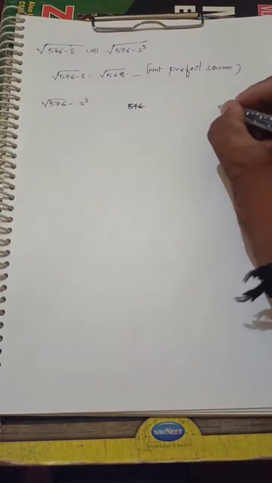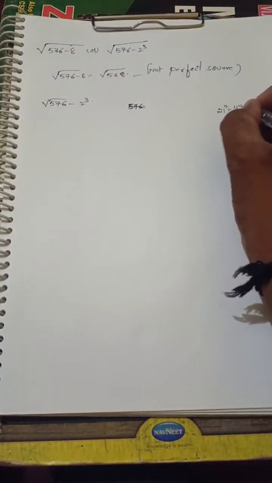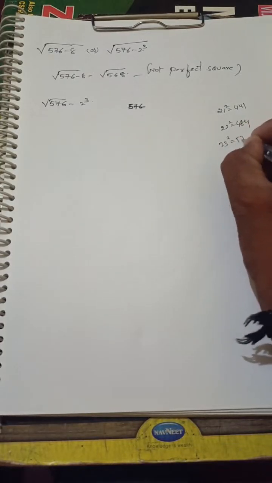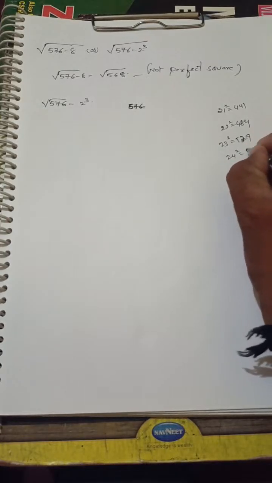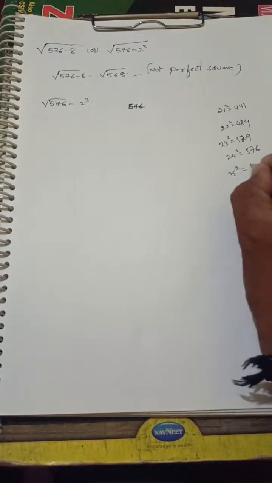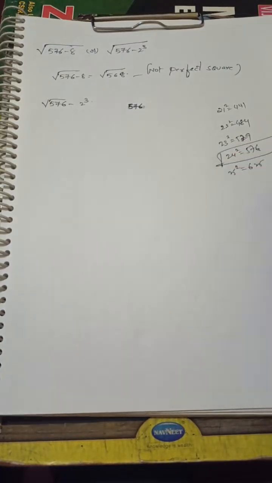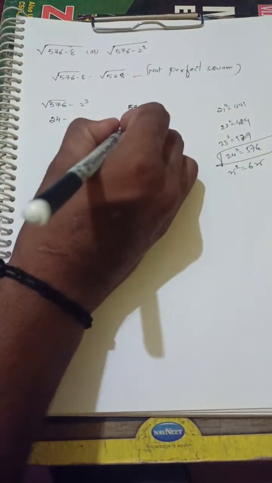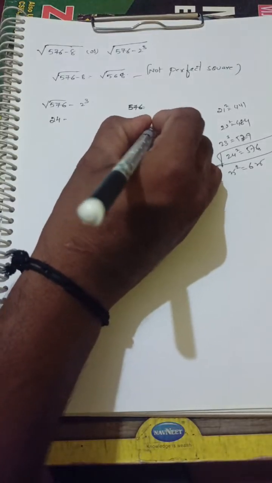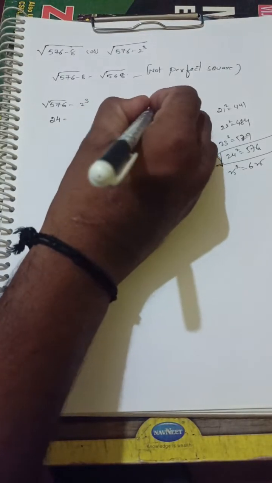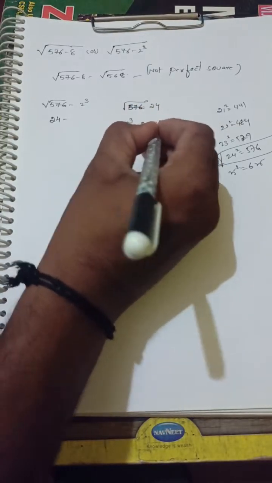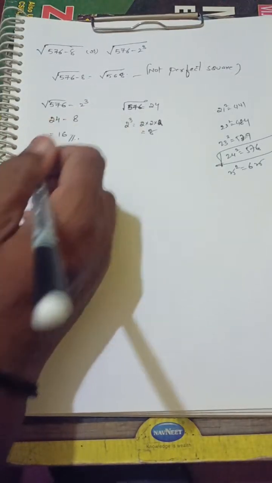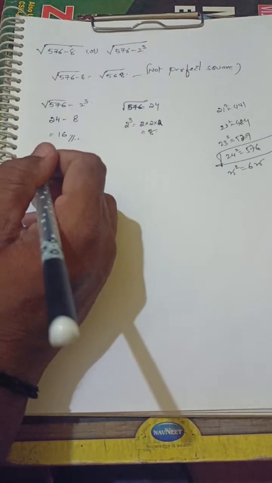We write the perfect squares: 21 square is 441, 22 square is 484, 23 square is 529, 24 square is 576, 25 square is 625. So the perfect root of 576 is 24. So 24 minus 2 cube. 2 cube is 2 into 2 into 2, which is 8. So 24 minus 8, we get the answer 16. So 16 is the correct answer given in the options.